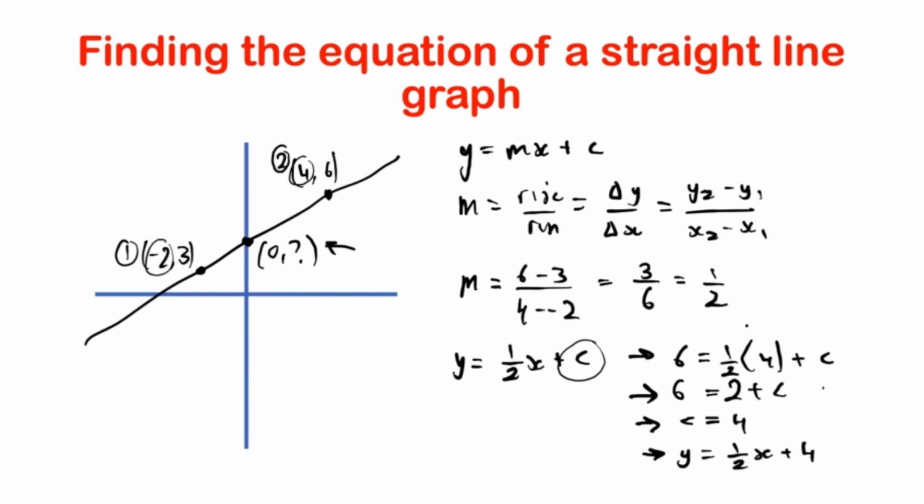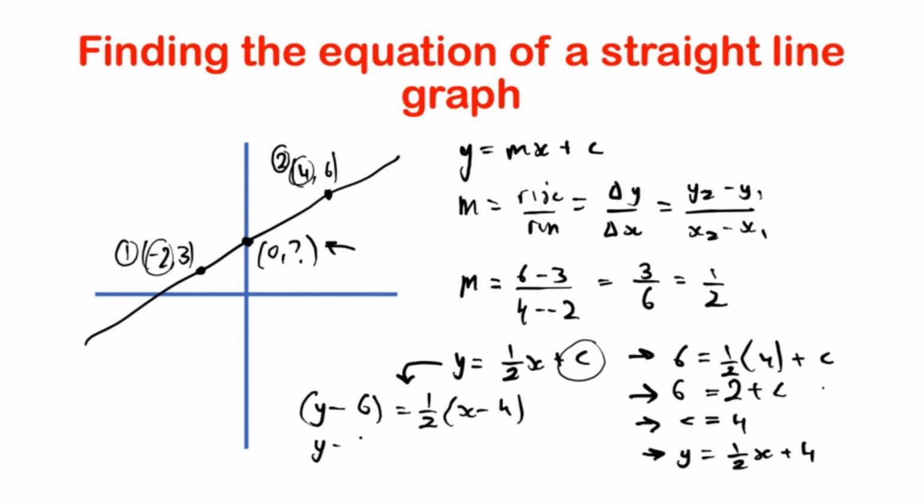Now the second method is this. You take one of the coordinates again. I'm going to take coordinate number 2 and you subtract like so: y minus 6 equals half times x minus 4, and you leave out the c. This method will give you the equation straight away.